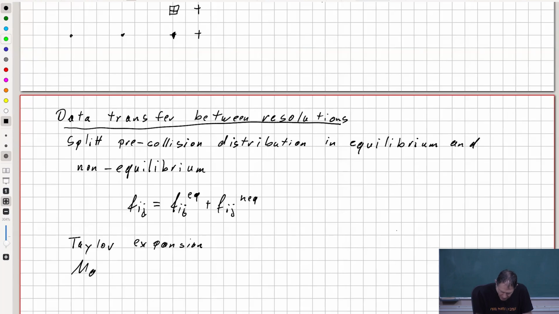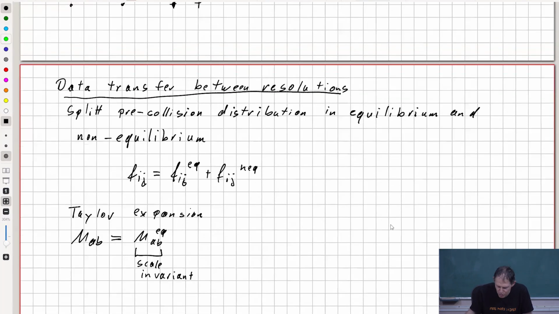Now I make my life simple and I just Taylor expand this. MAB is MAB equilibrium, and this MAB equilibrium is scale invariant. This means it can simply be transferred between the different resolutions.